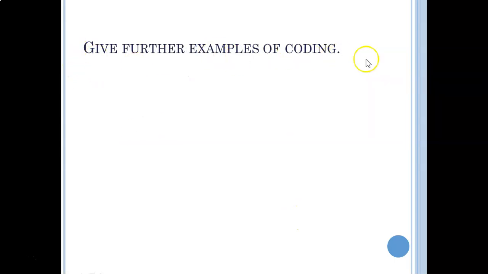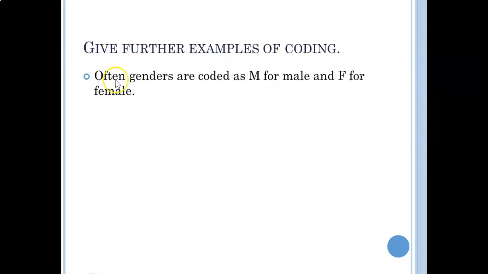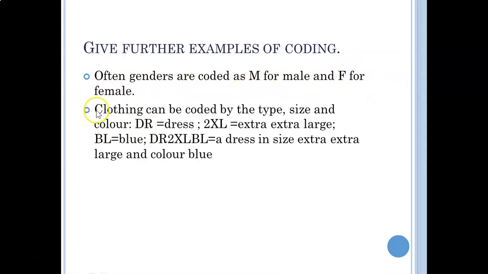Give further examples of coding. Often genders are coded as M for male and F for female. Clothing can be coded by type, size, and color. So DR could stand for dress, 2XL could stand for extra extra large, BL could be blue, and you can combine all of these codes to form DR2XL BL: a dress in size extra extra large and color blue.